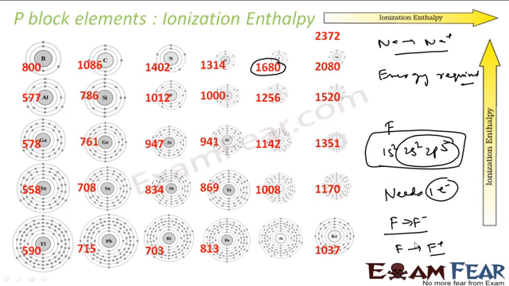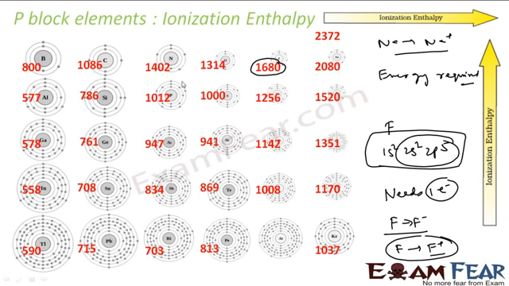Stable is 8 electrons, the fully filled state, and half filled is also stable. Anyway, I'll not discuss this much again. We have discussed this in the previous videos, so you can watch that. So fluorine just needs 1 electron to become stable and will not like to give 1 electron back.